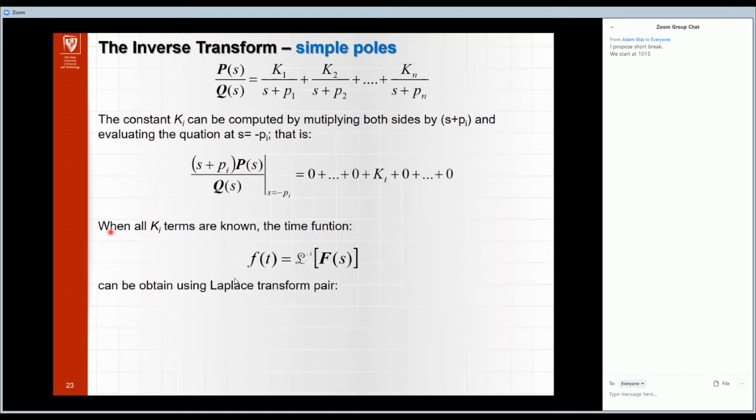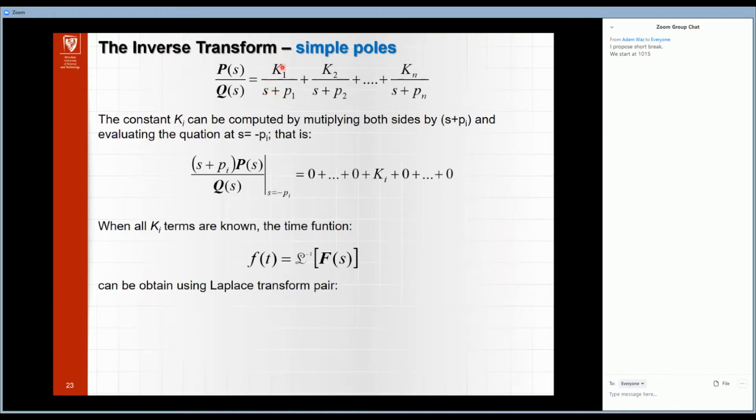And when we know all these constants, we change the functions from the s domain to the time domain, and we can obtain it using a Laplace transform pair for this.